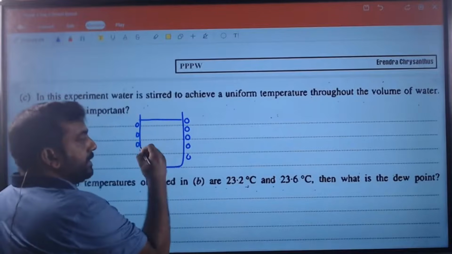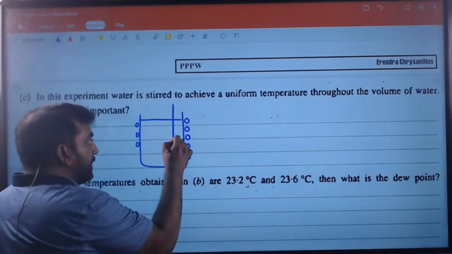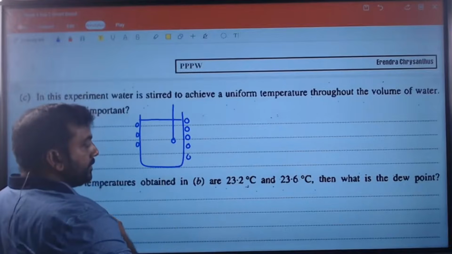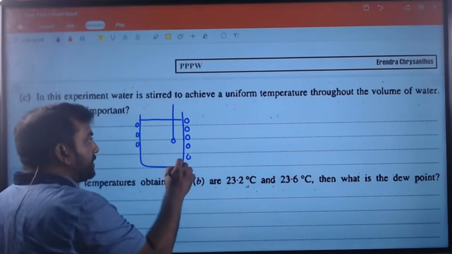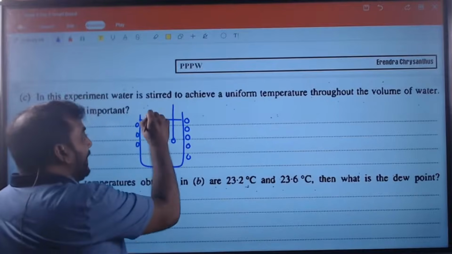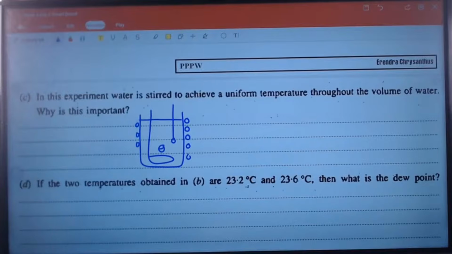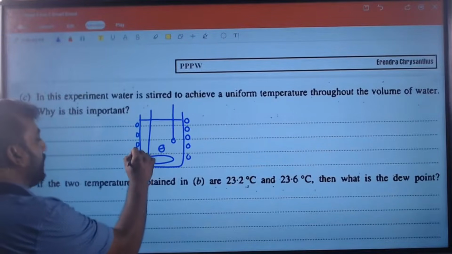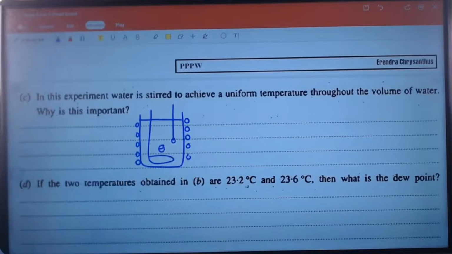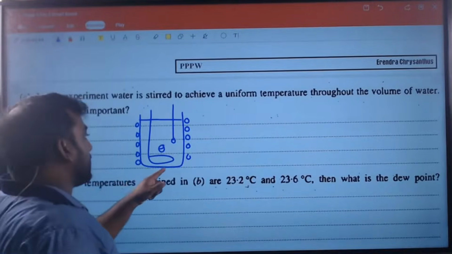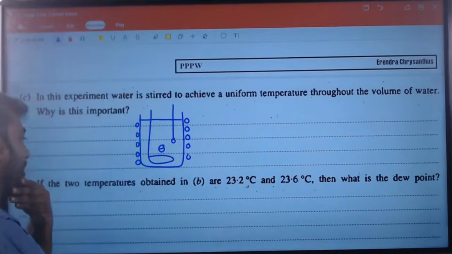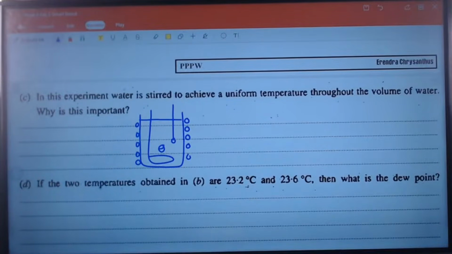But we can't measure the temperature of the outer surface. That is why we are measuring the temperature of water. So the temperature of the outer surface should be equal to the temperature of water. That is why we continuously stir. Actually, we need to measure the temperature of the calorimeter surface, but it is impossible to do this.